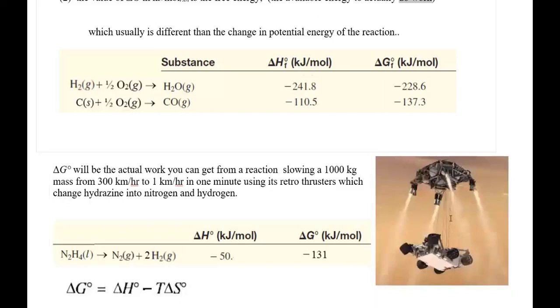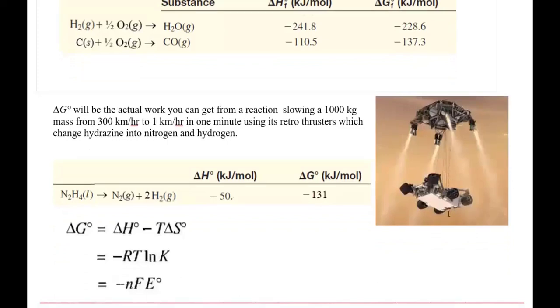Now, the example I have here is Mars lander, Perseverance on Mars. It was traveling at 300 kilometers per hour. Its parachute had slowed it down to about 200 miles an hour. They had to slow it down some more. They had to slow it down to a couple of miles an hour, otherwise it'd smash into the ground. And they used retro thrusters. They burned hydrazine. They had a catalyst. Hydrazine decomposes into nitrogen and hydrogen.